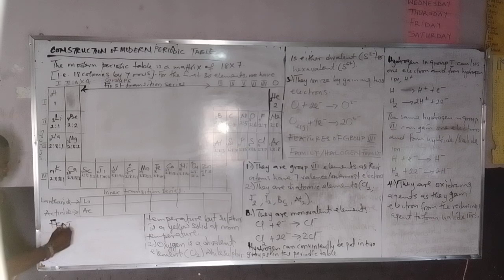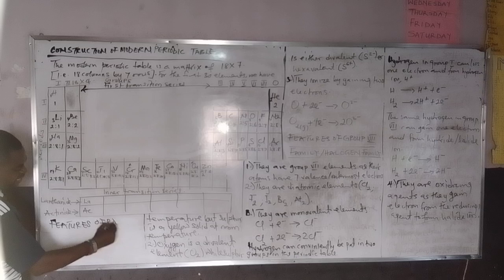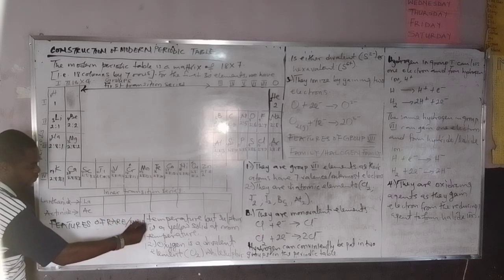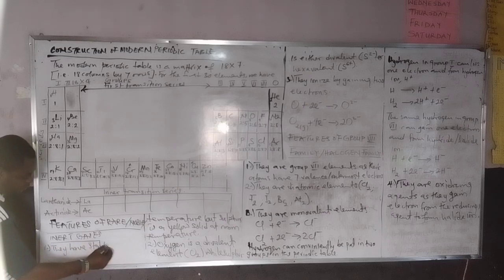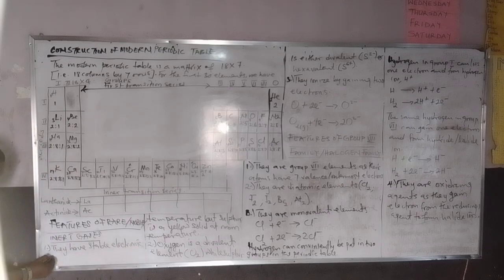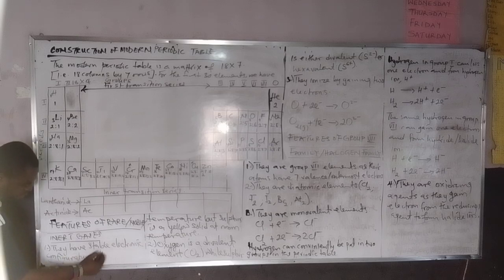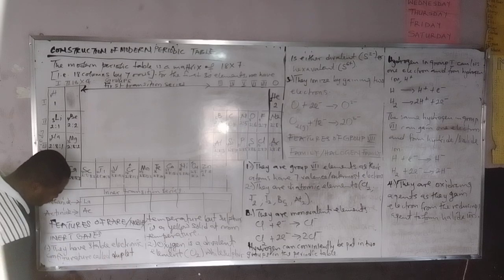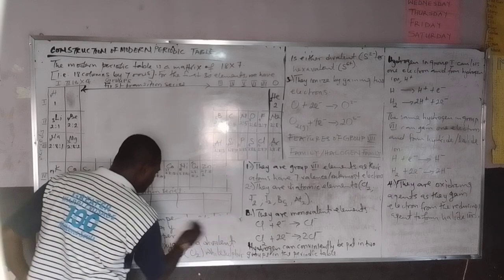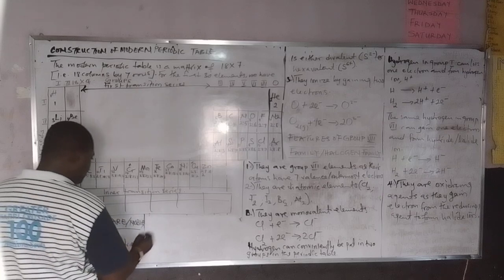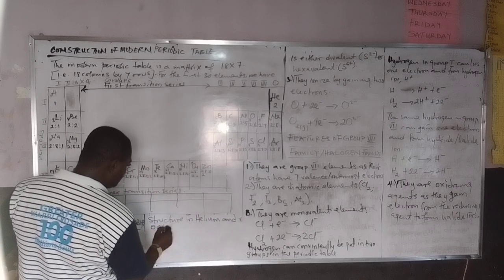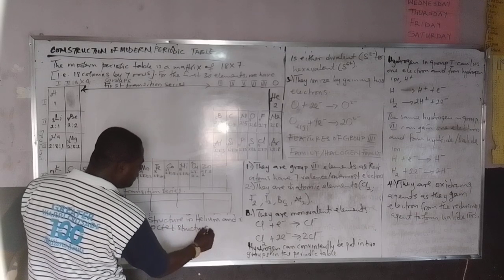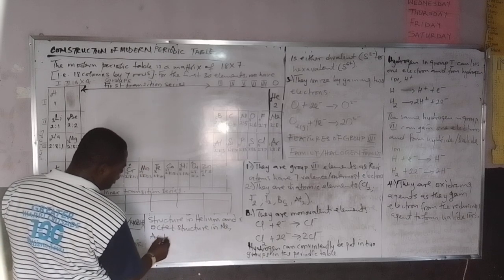Number 1, they have a stable electronic configuration called the duplet structure in helium, and the octet structure in neon, argon, krypton, xenon, radon.